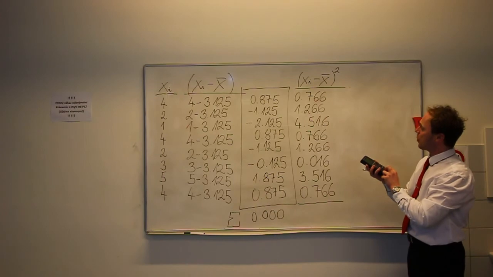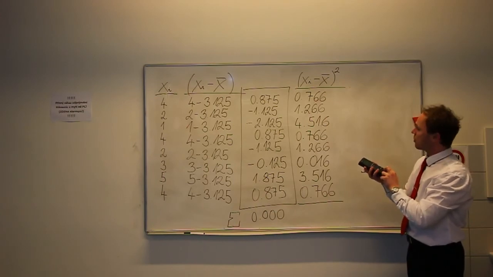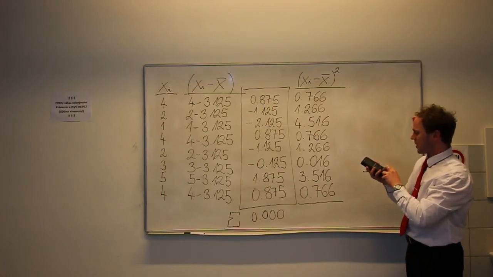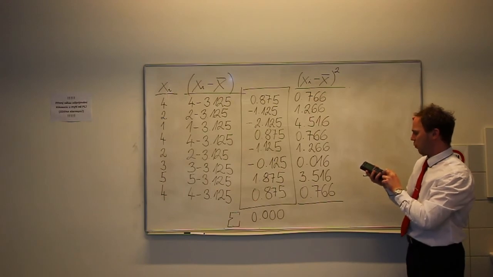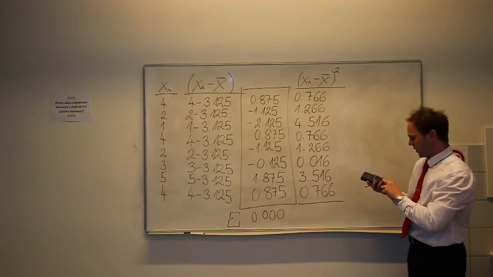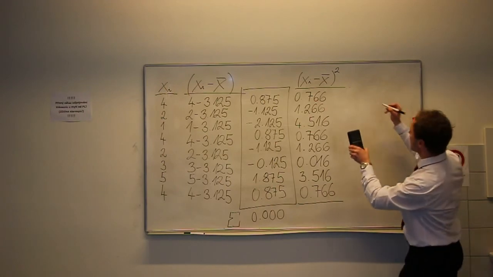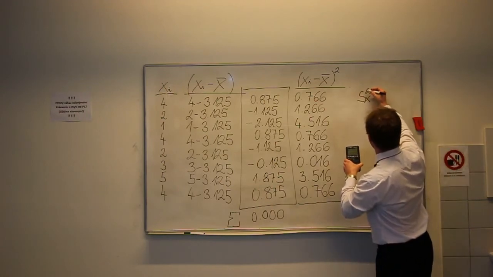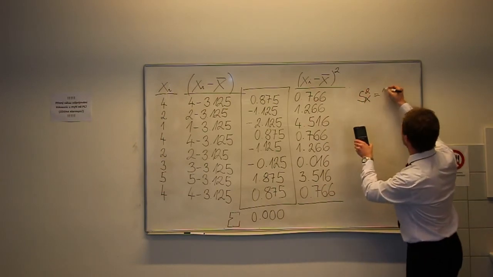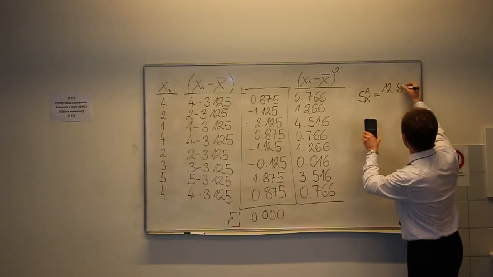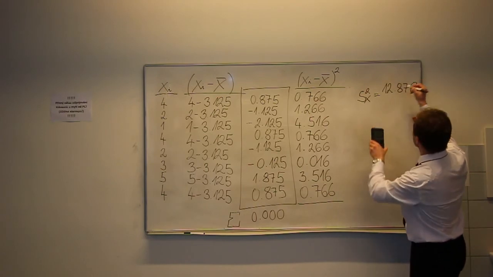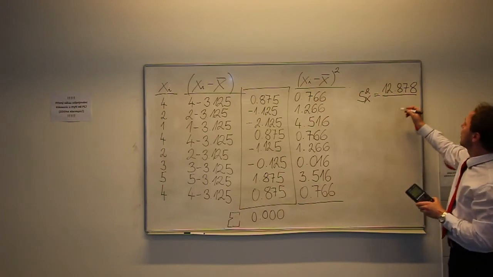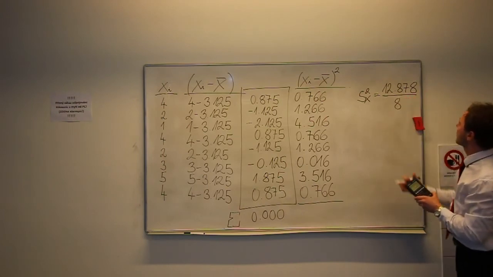0.766 plus 1.266 plus 4.516 plus 0.766 plus 1.266 plus 0.016 plus 3.516 plus 0.766. So this is the numerator, as the variance s squared is equal to 12.878 divided by n, which is 8.